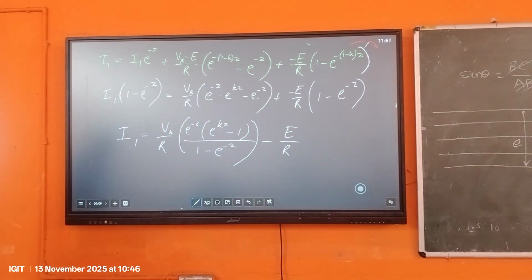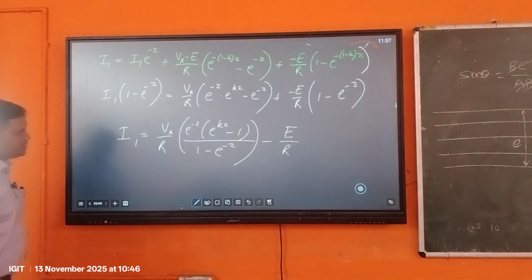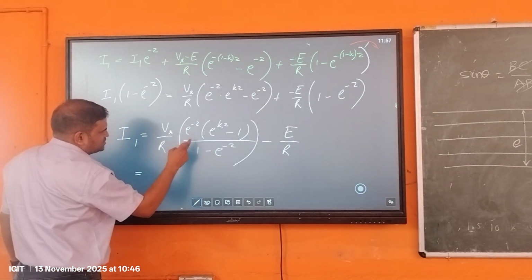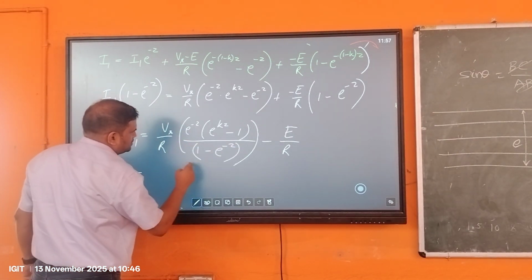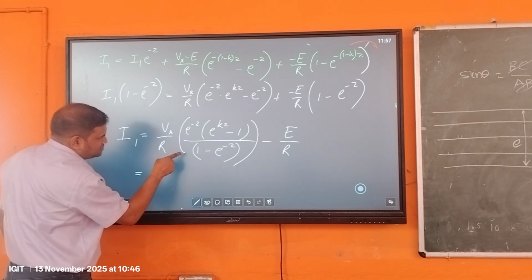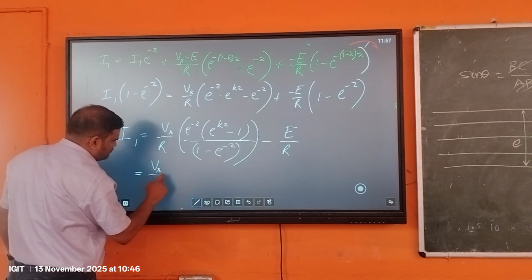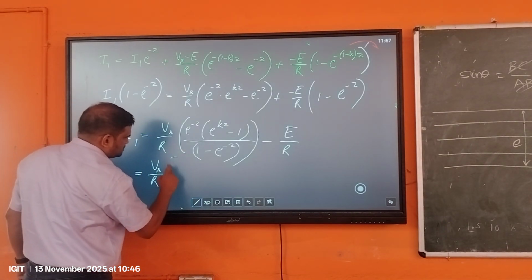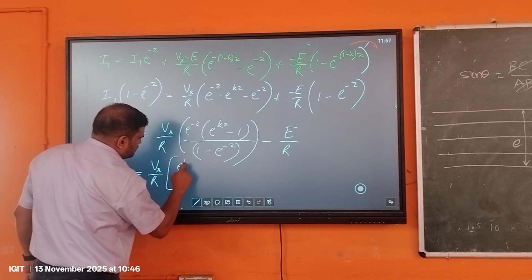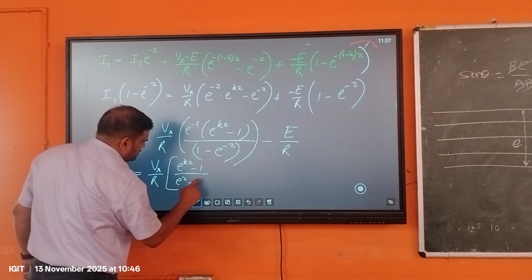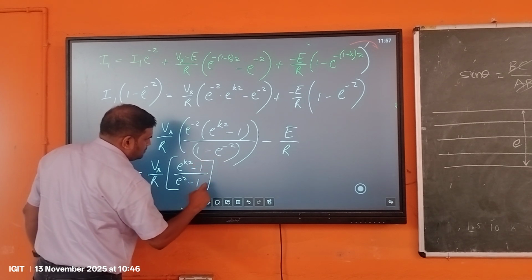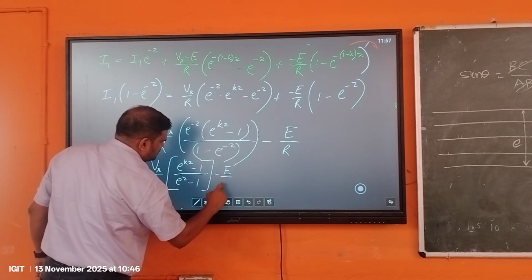The final equation is even more simple. If I remove this e to the power minus z, like means if I take it here, it will be equal to Vs by R times (e to the power kz minus 1) by (e to the power z minus 1), minus e by r.